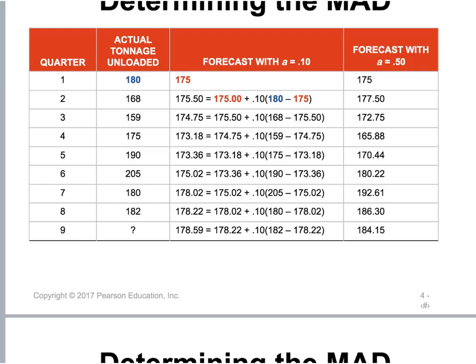Here in one period, the actual was 180, but we had forecasted 175. So what's our error here? It's 180 minus 175, which gives you a 5 unit variance or 5 units error.